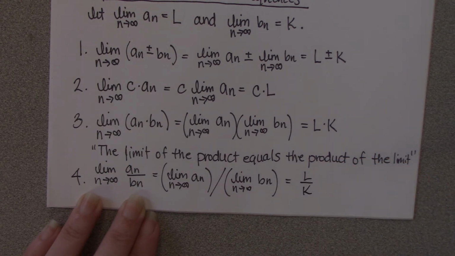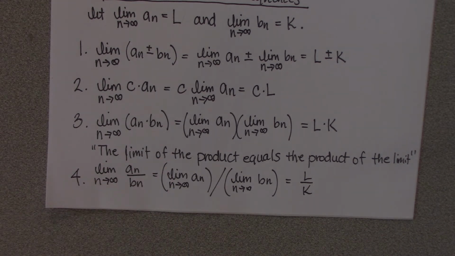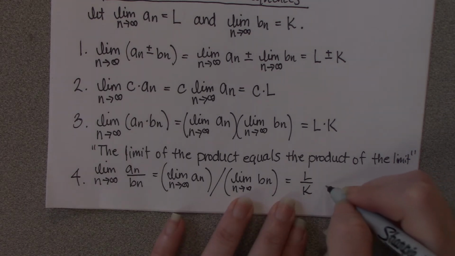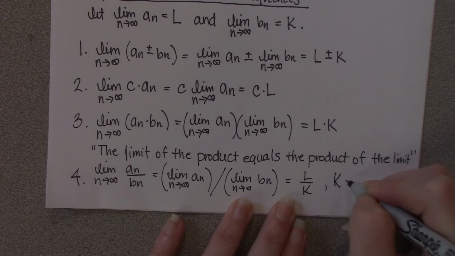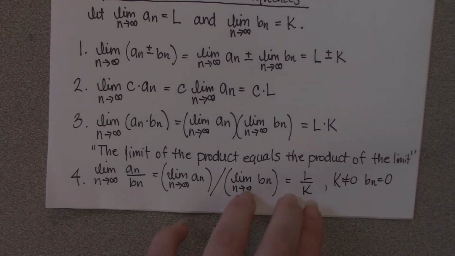So we would get L over K. Now there's one extra caveat to this. Whenever you're dividing something, we're not allowed to have 0 in the denominator. So there's a condition on this. K cannot be 0, and the sequence itself in the denominator cannot be 0.